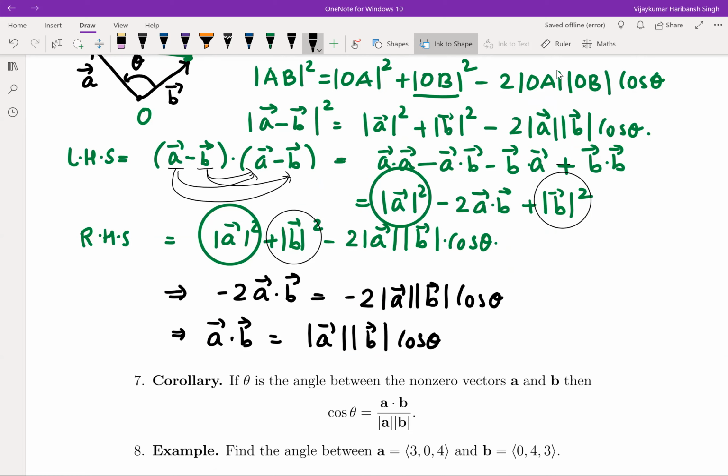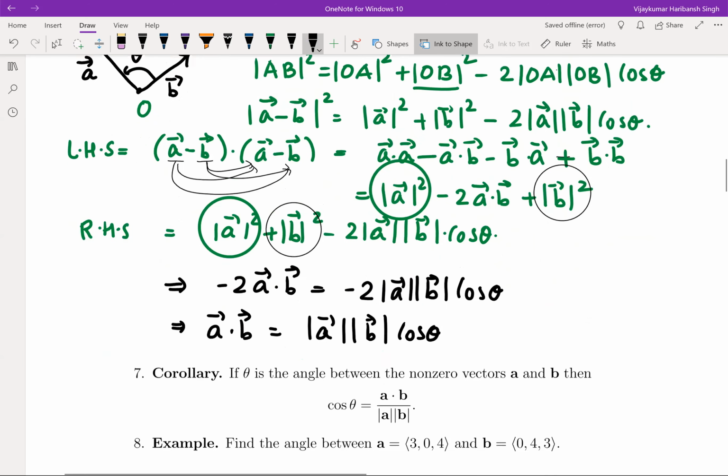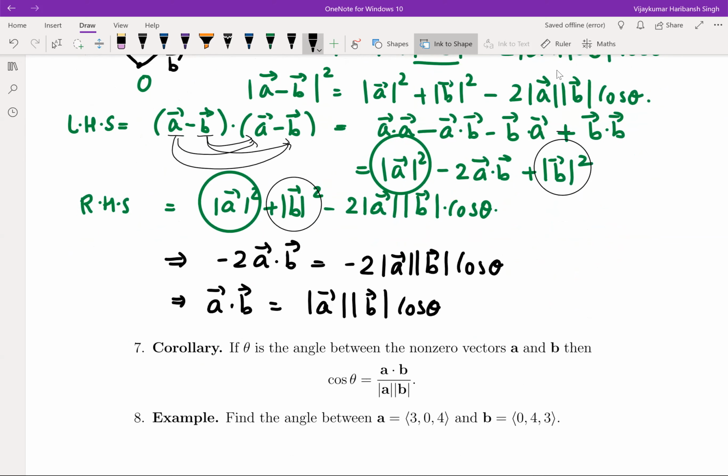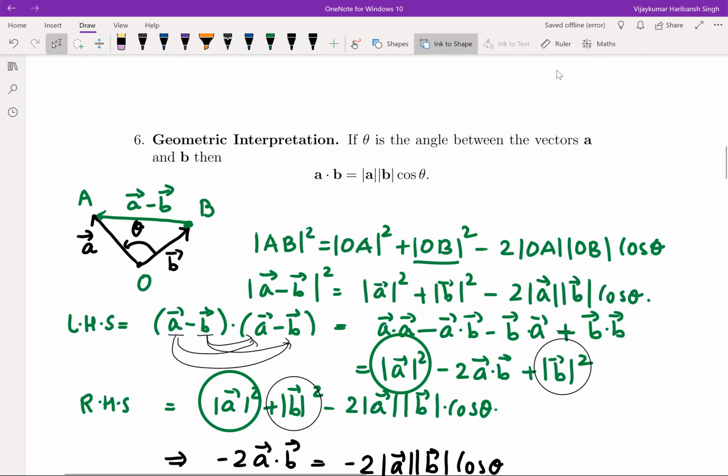Note that this definition is only for non-zero vectors. So if theta is the angle between two non-zero vectors A and B, then cos theta is given by A dot B divided by length of A times length of B. I don't need to put an arrow because by boldface we already mean that they are vectors. So we have given a geometric interpretation to the dot product.